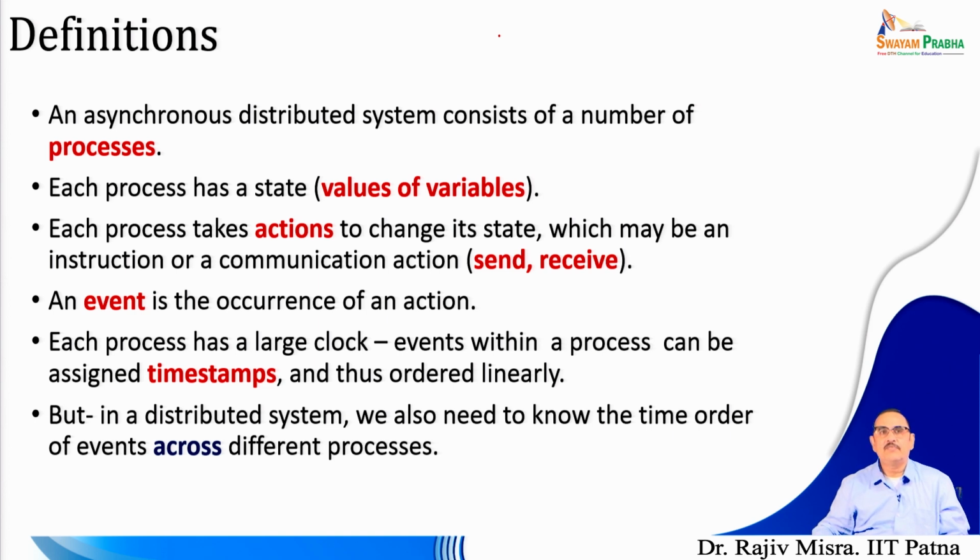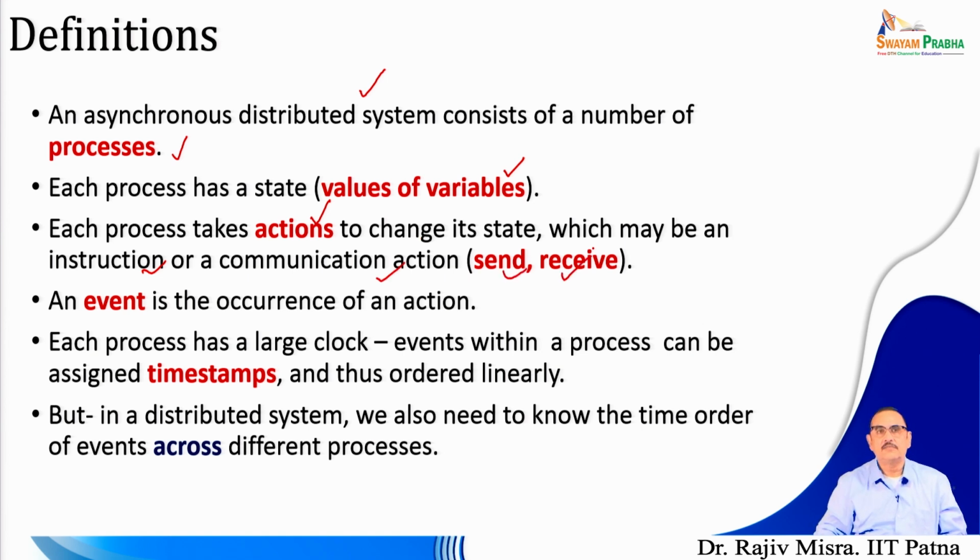Let us see some definitions before we go ahead. An asynchronous distributed system consists of a number of processes, and each process has a state, that is the value of its variables, and each process takes actions to change its state, which may be an instruction or a communication action, that is send or receive.